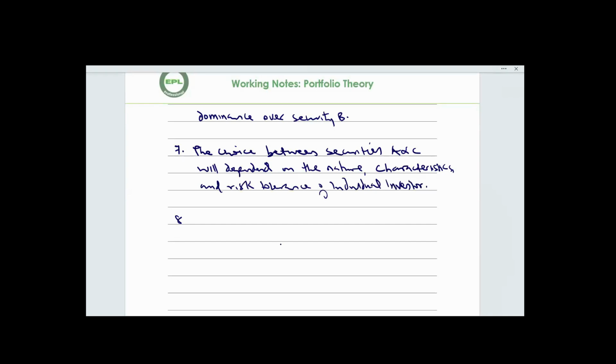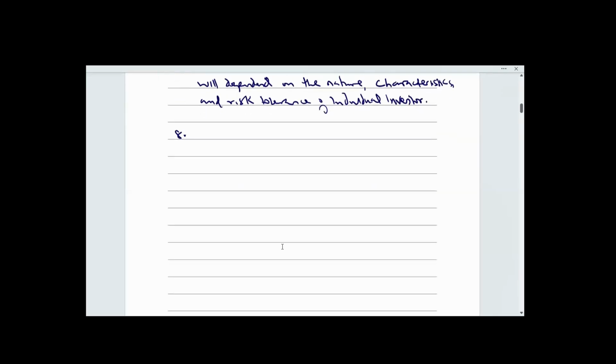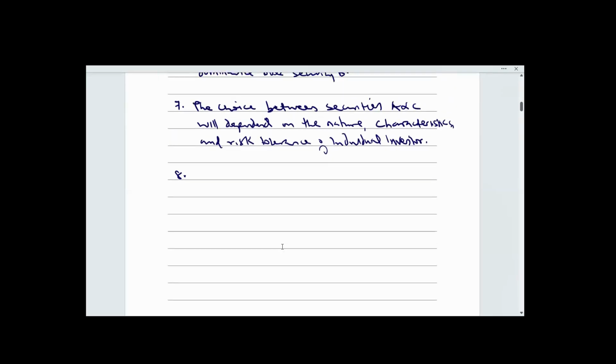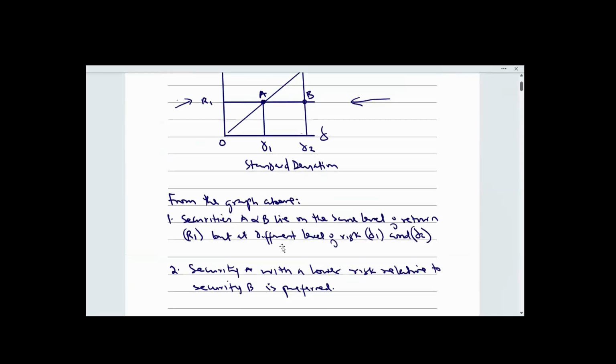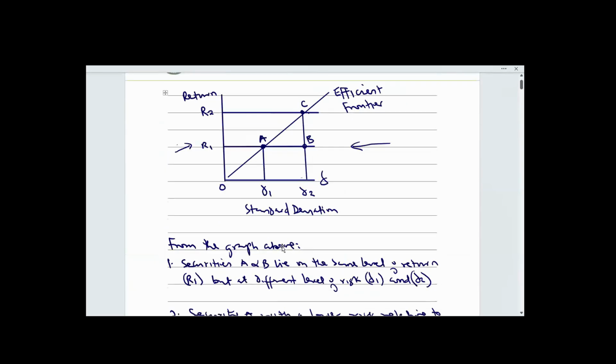Let's make the last point, number 8. So when you look at, let's go back to our graph. When you look at security A, you will notice that security A has a lower risk and a lower return. Therefore, a risk-averse investor is an individual that does not like risk, and we always select security with a lower risk and lower return.